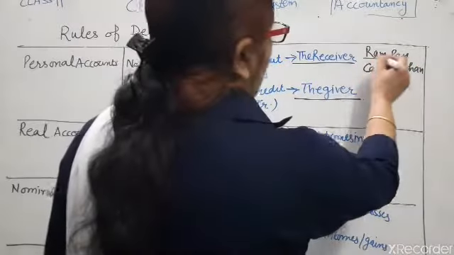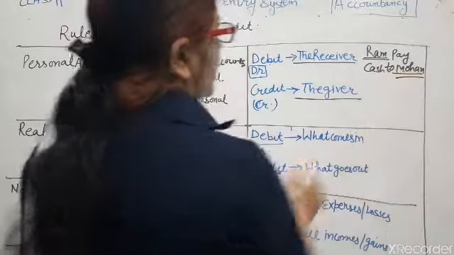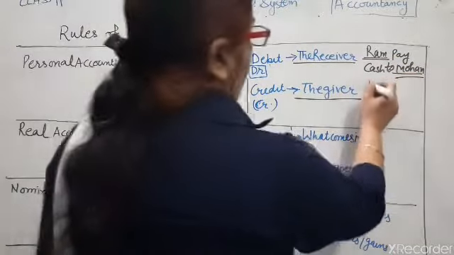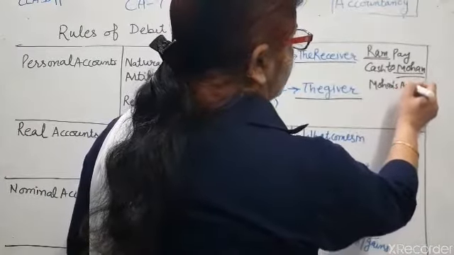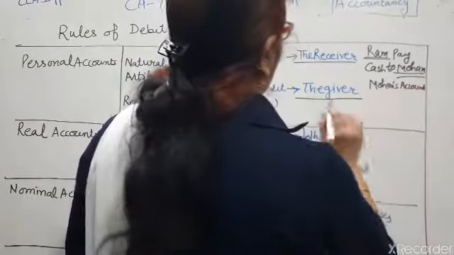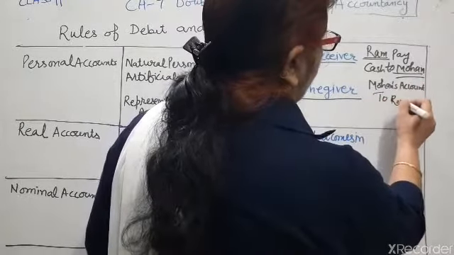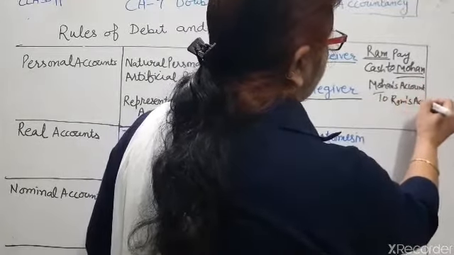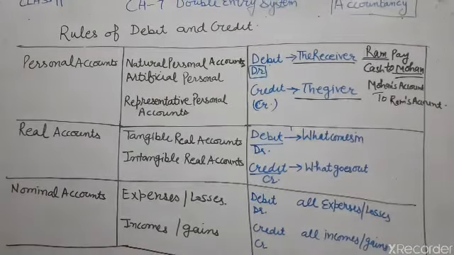That means Ram is the giver and Mohan is the receiver. So in this case, Mohan's account is debited and Ram is the giver, so Ram's account is credited. So the rule is debit the receiver and credit the giver.